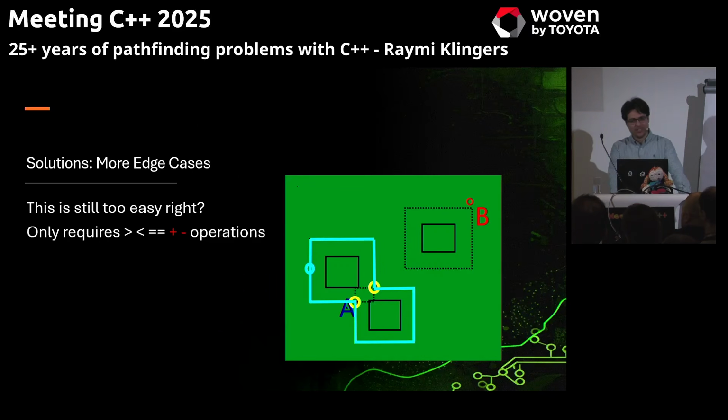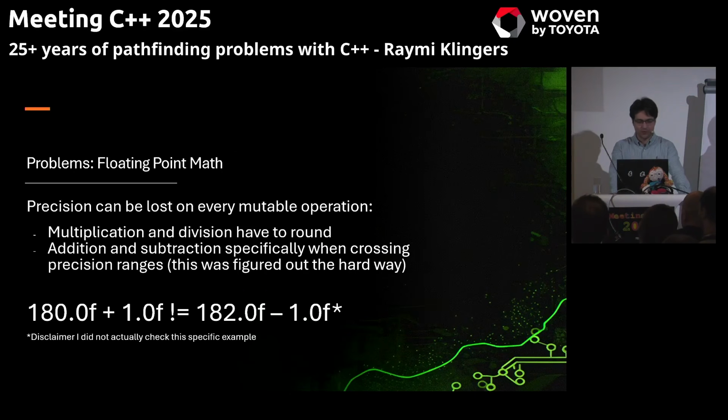Unfortunately, it was still too easy. I run into more precision errors. So this algorithm relied on plus and minus operations being perfectly accurate. And unfortunately, with floating point math, basically on every mutable operation, you can lose precision. So multiplication and division, you often round, and addition and subtraction, specifically when you cross a floating point range.